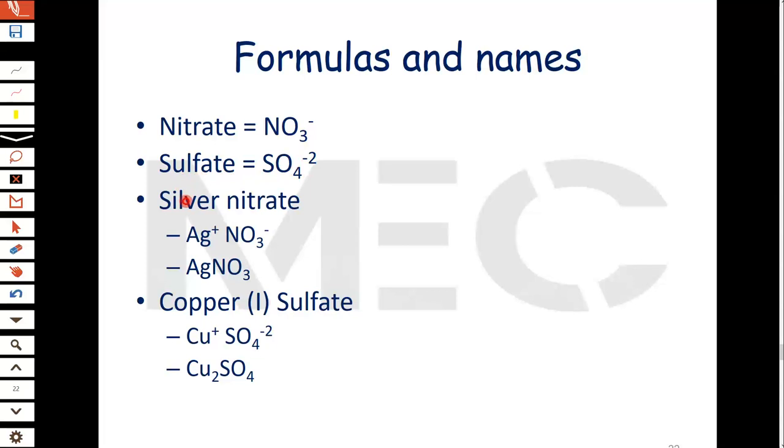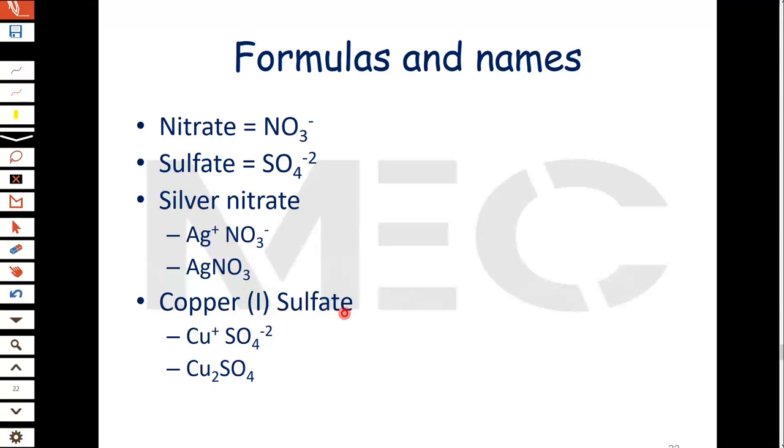For example, if we want an ionic compound with silver ion and nitrate ion, silver ion is positive and nitrate is negative. As we said earlier, we write the positive ion first and then the negative ion. So AgNO3 is silver nitrate.